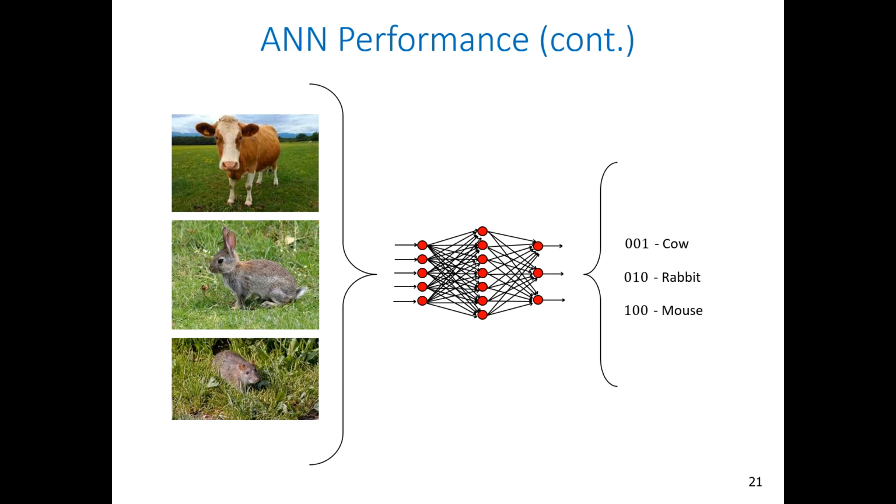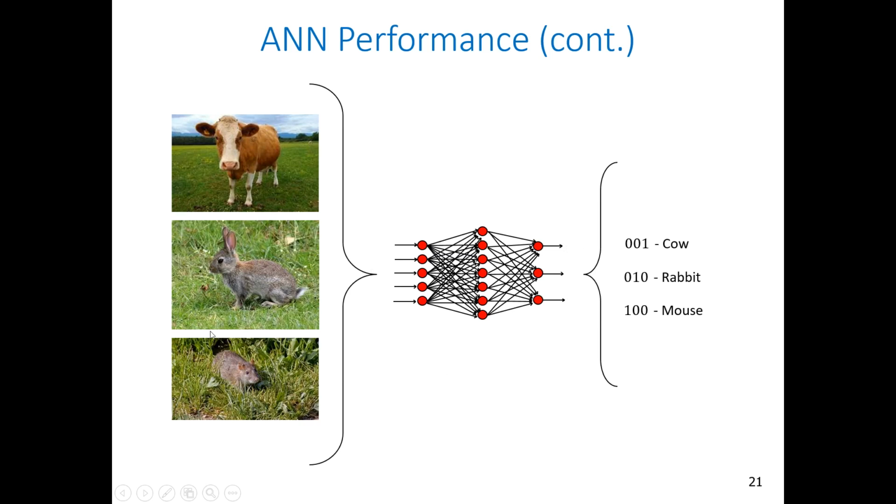training and test output. So if you are trying to classify these three categories of images, you have to encode them. For example, a cow represents 001, which means when you give the pixel values of this picture to your artificial neural network, the expected output should be 001.